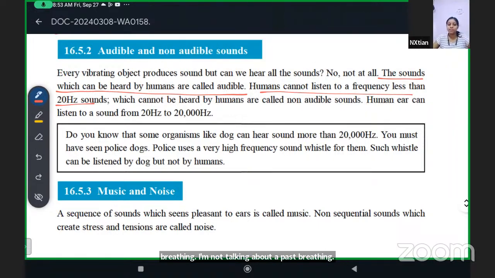If you are sitting very close to someone and they are breathing slightly heavier than normal, then you can hear it. But if you are sitting with people in the room, you cannot hear the normal breathing of everybody. Stress breathing you can hear.